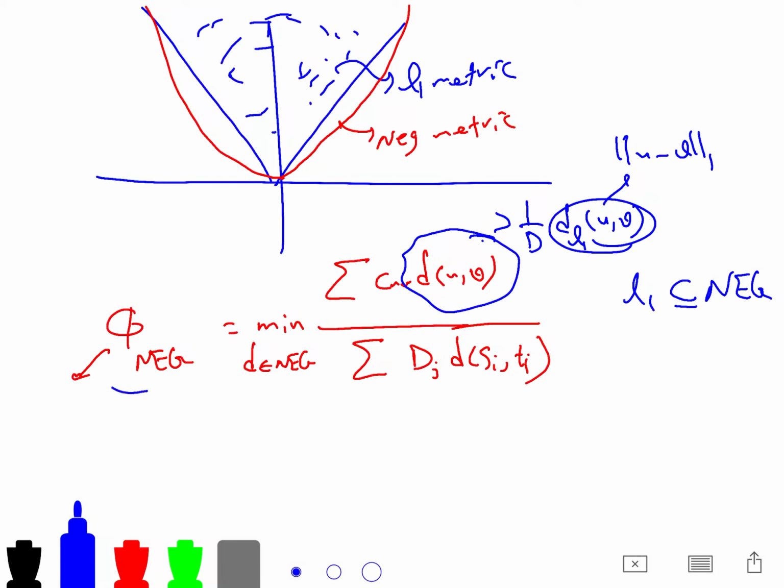What I want to say is that phi of negative type is just a relaxation, so it's always less than your phi.